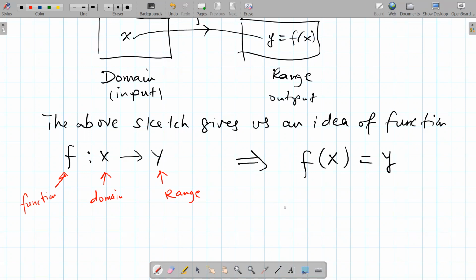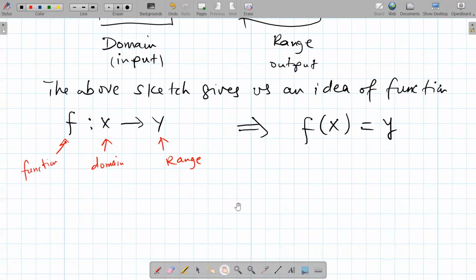And what that means is that the value that Y takes is dependent on the value of X. Whatever this y value is going to be, which in this case is coming from the range, is dependent on the value of x.